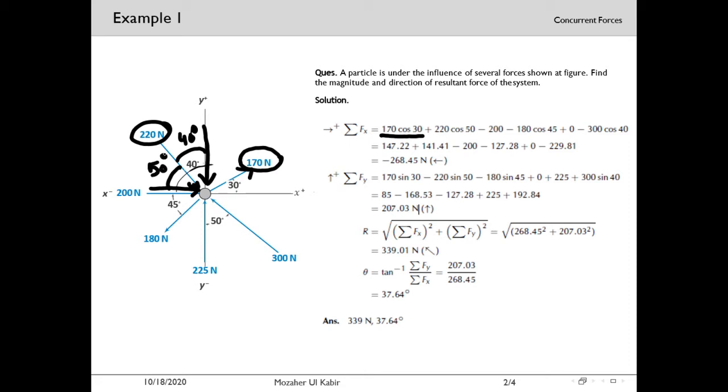So the value of this x directional component will be 220 cos 50, since 50 degrees is the angle with the horizontal component. So we write another x directional component, 220 cos 50.